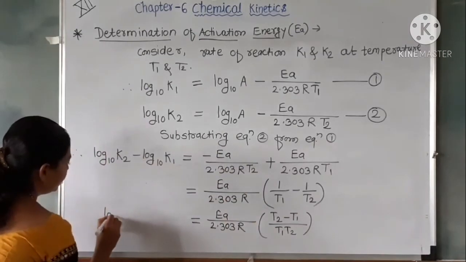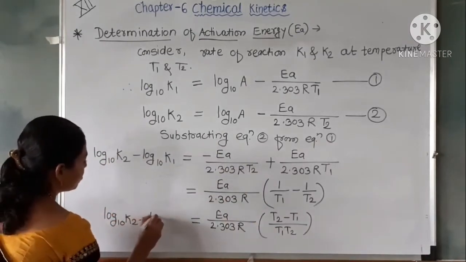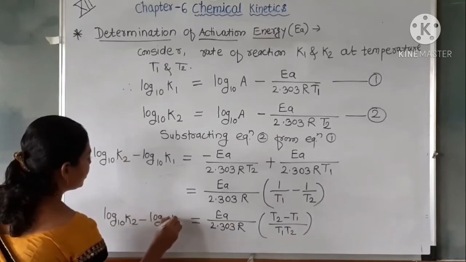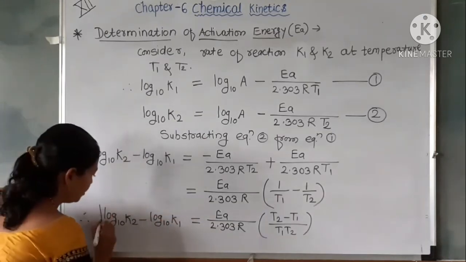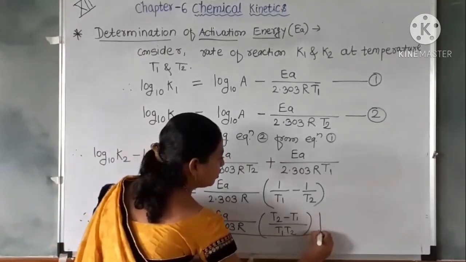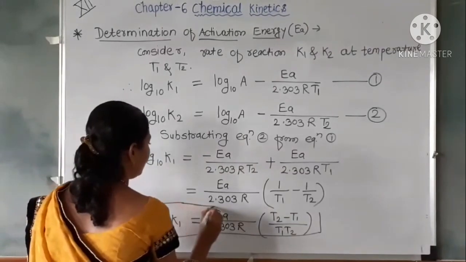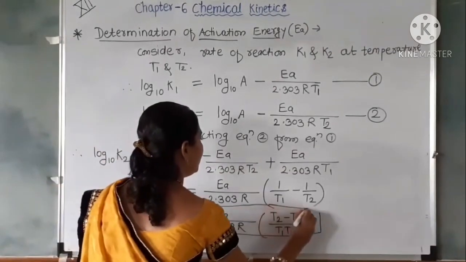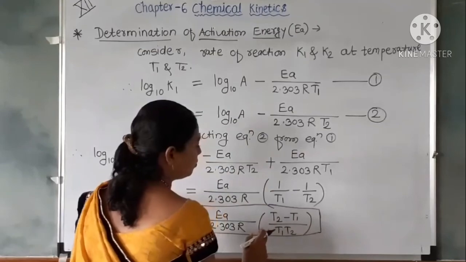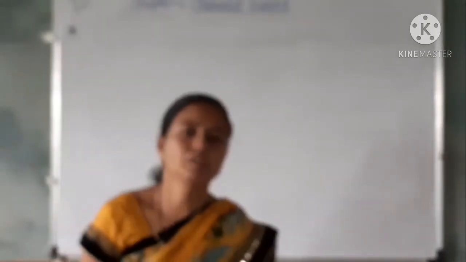I write here log to the base 10 k2 minus log to the base 10 k1 is equal to Ea upon 2.303 R into T2 minus T1 upon T1 T2. Understood? Okay, we stop here.